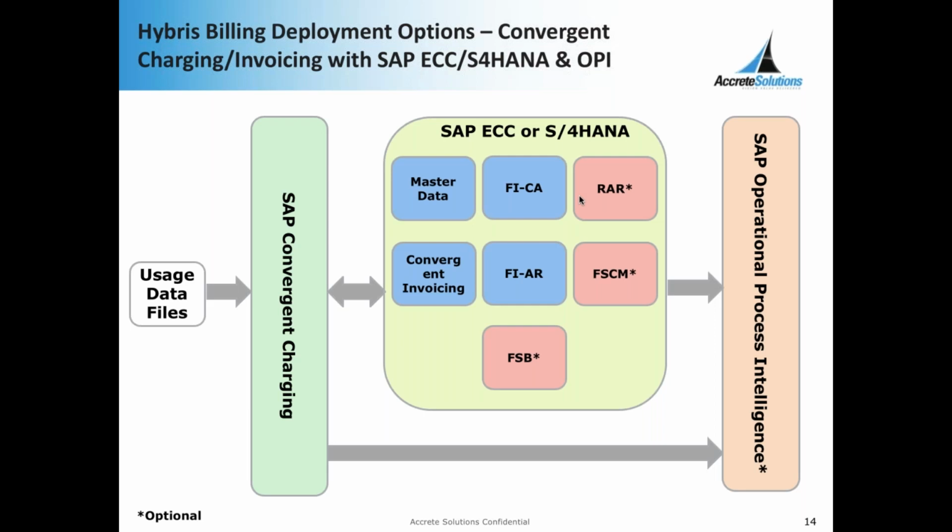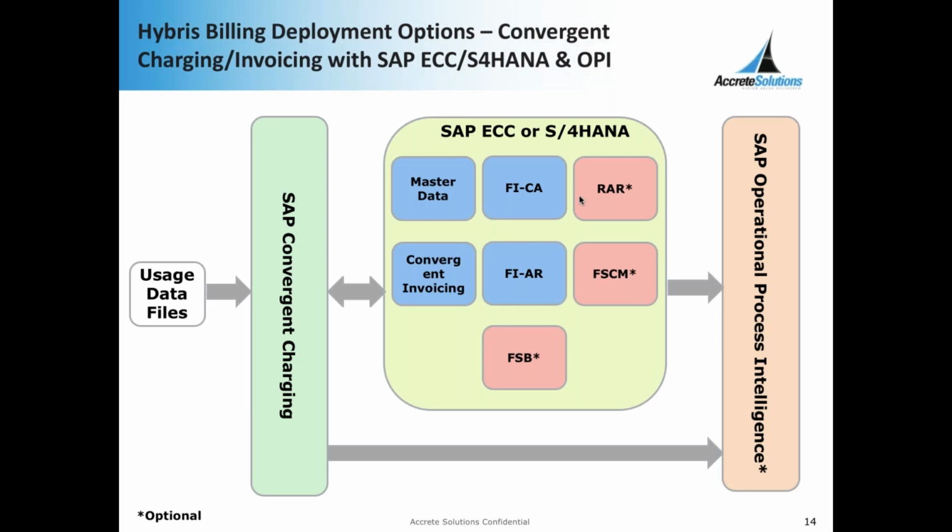You could do an Excel file upload as well. And there's something called a bulk loader, which is used for loading data here. The data flows from convergent charging: inbound data is chargeable items, outbound is charged items, and then it flows to convergent invoicing as billable items, and there is a billed item, and then it gets invoiced there.